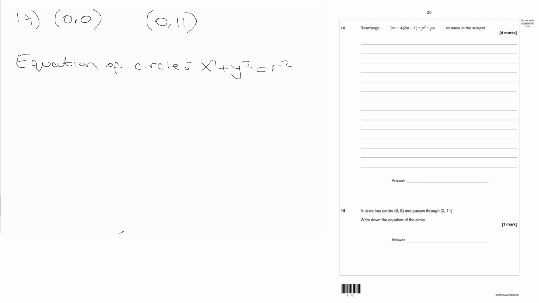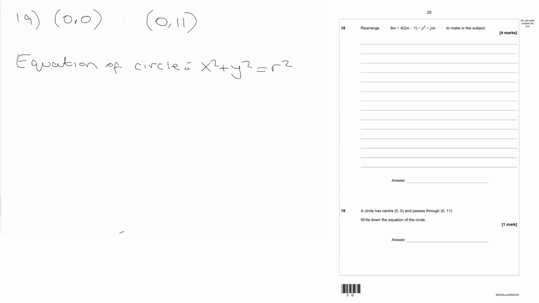So moving on to question 19, and we're told that a circle has centre 0, 0, and passes through the point 0, 11. And we want to write down the equation of the circle. So the equation of a circle is always given by x squared plus y squared equals r squared, where r is just the radius.